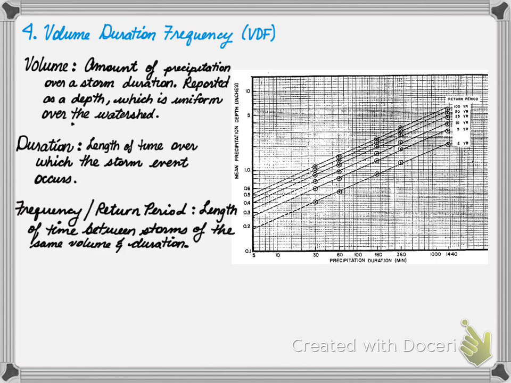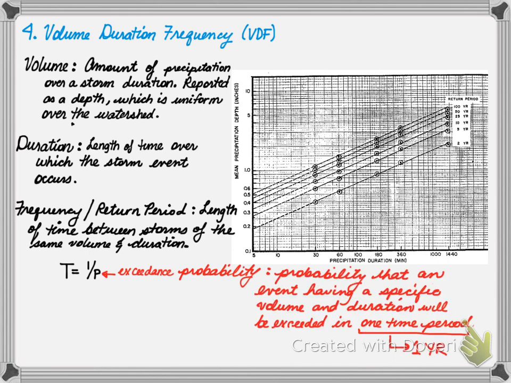Frequency or return period is the length of time between storms of the same volume and duration. The return period can be determined as 1 divided by the exceedance probability. The exceedance probability is the probability of having a specific storm volume and duration in a given time period, usually 1 year.